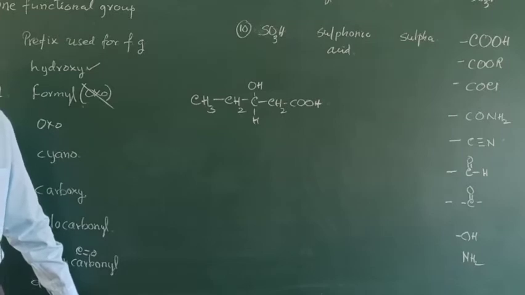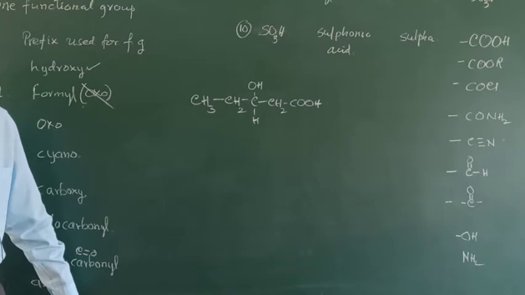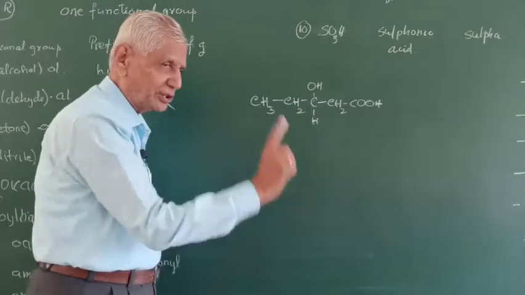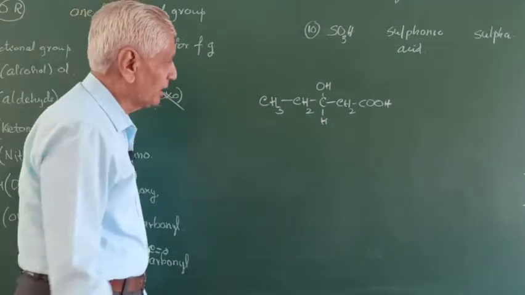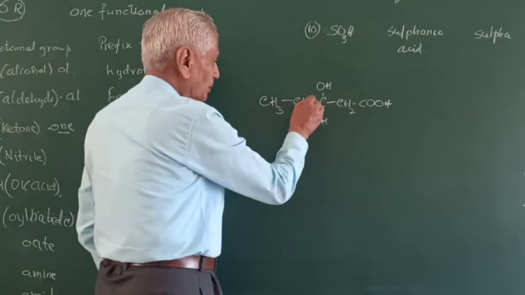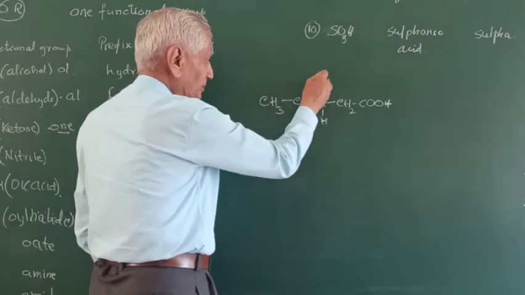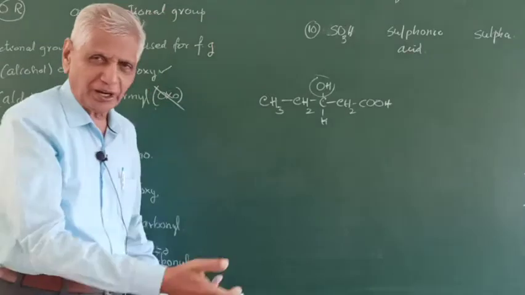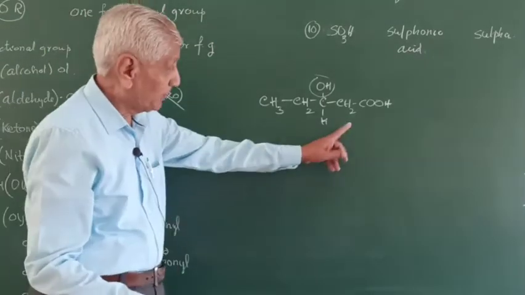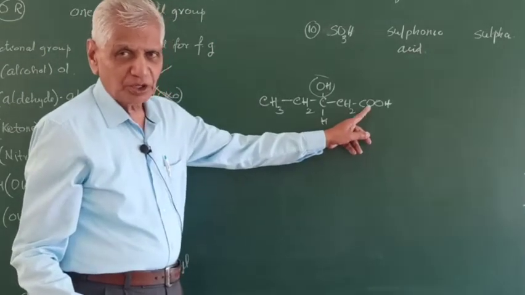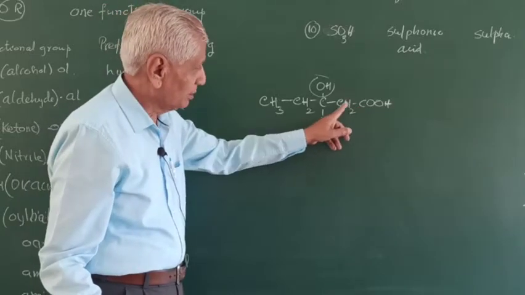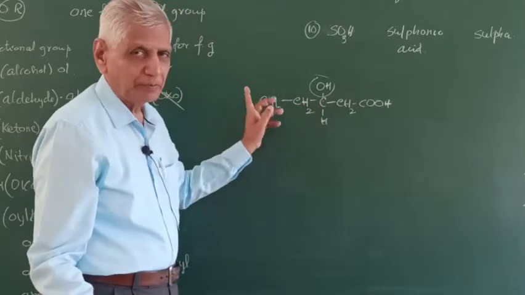So you cannot call it ol and oic acid. Ol and oic acid cannot make one name. You can get oic acid. How many carbons are there? Look, 1, 2, 3, 4, 5. You forget this. This is secondary function. This is the main function. This is the main function. So 1, 2, 3, 4, 5.